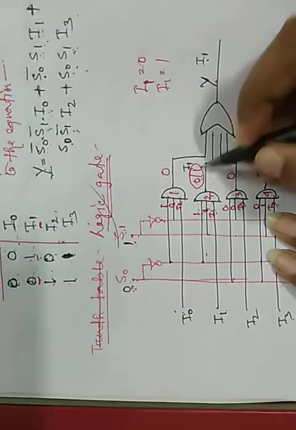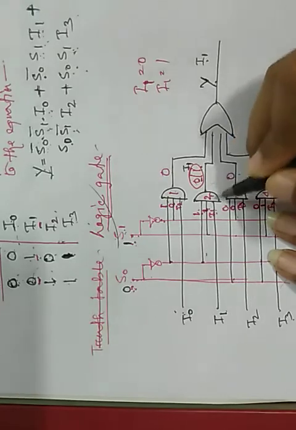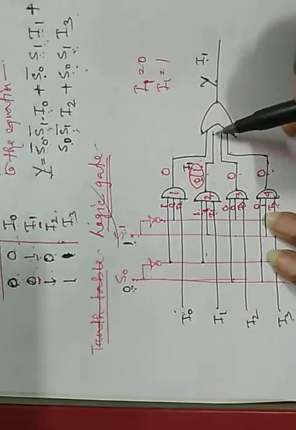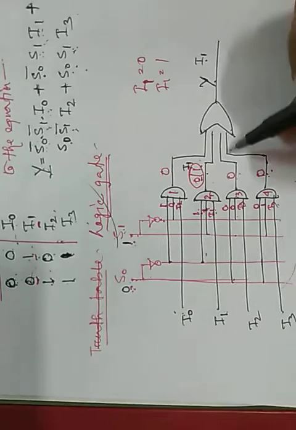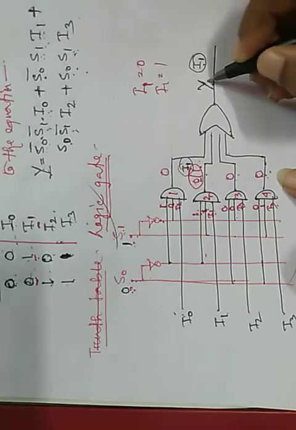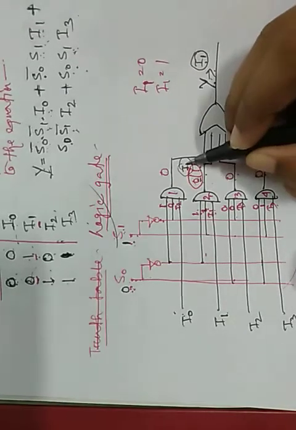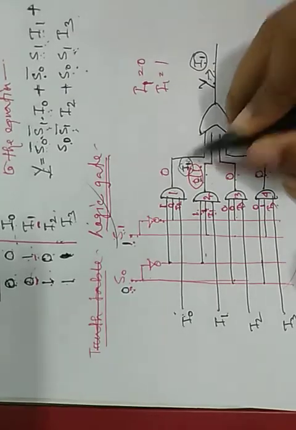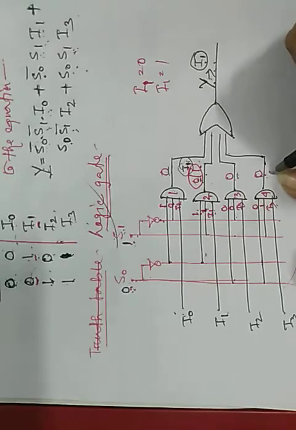And as it is an OR gate, and the other values are 0, we get the value of I1 in our output. If I1 is 0, we get 0 here. If I1 is 1, we get 1 here. Why? Because all the others are 0.